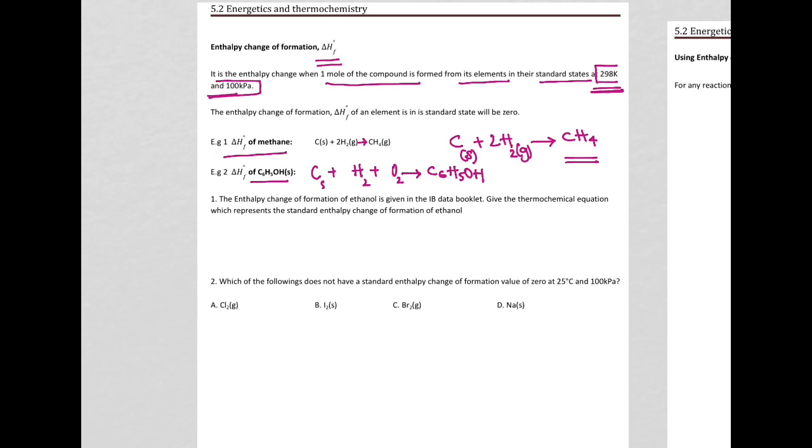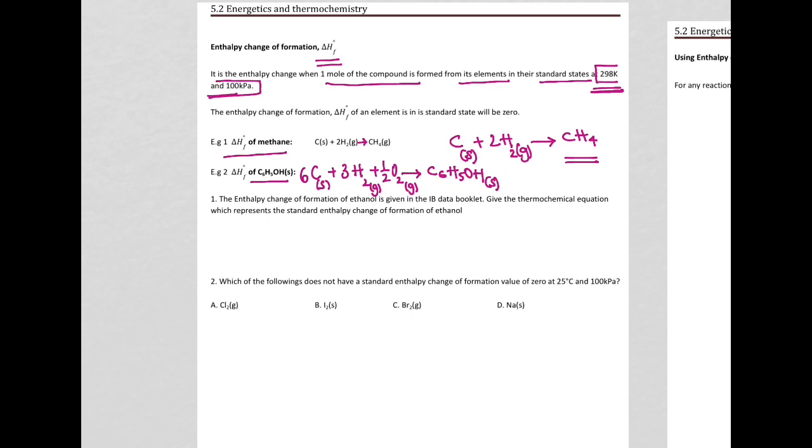So carbon is solid, hydrogen is gas, oxygen is gas, and then we just balance out the equation. So we need 6 carbon and we need 3 H2 and then half O2. So this is enthalpy of formation of C6H5OH solid.